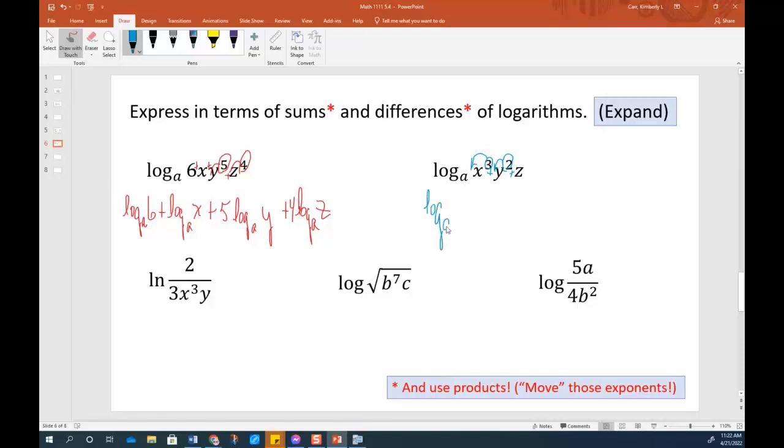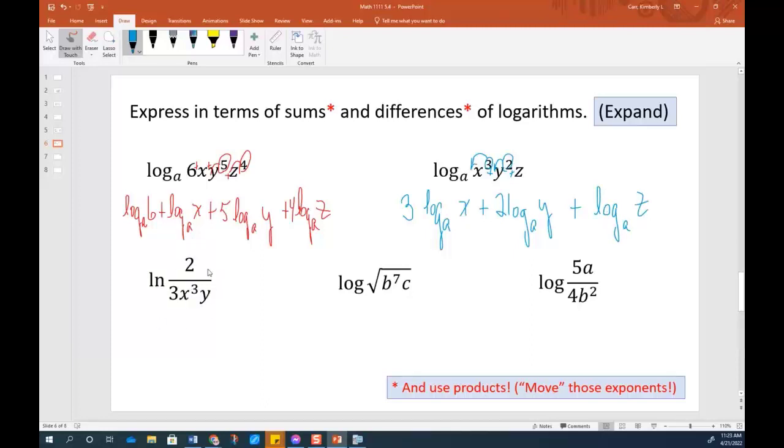So I'm going to have log base A, and then I see this line, I move to right here. 3 log base A of x plus, the 2 is going to move to the front, 2 log base A of y plus log base A of z.